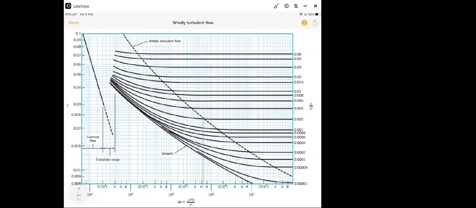And the relative roughness is 2.25 times 10 minus 4, which is 0.000225, so it may be here. Okay, so we draw a curve.